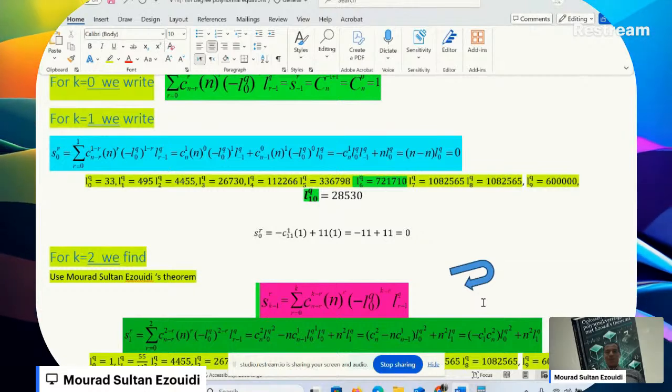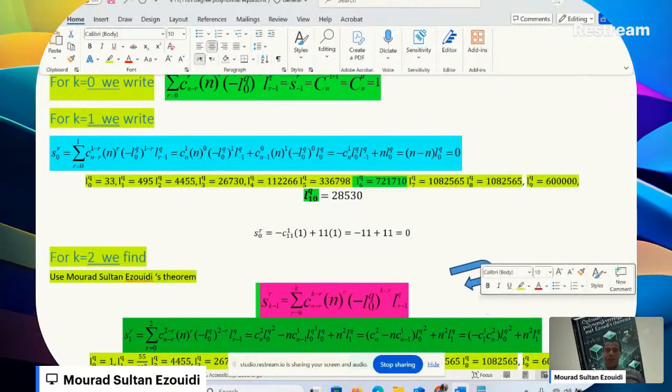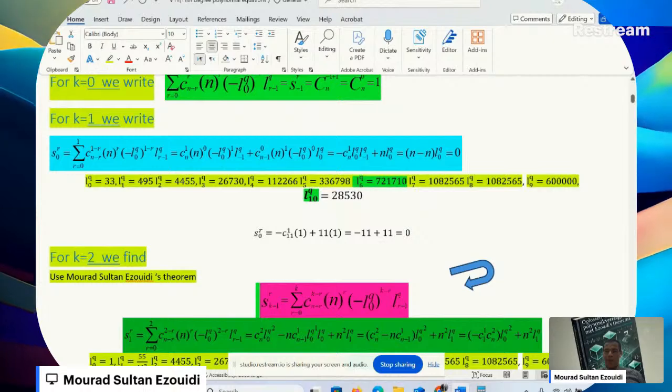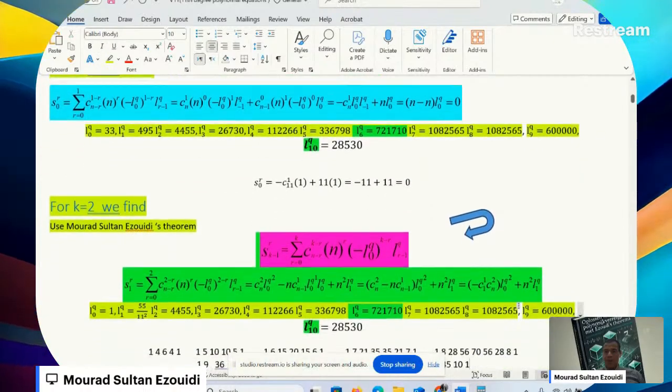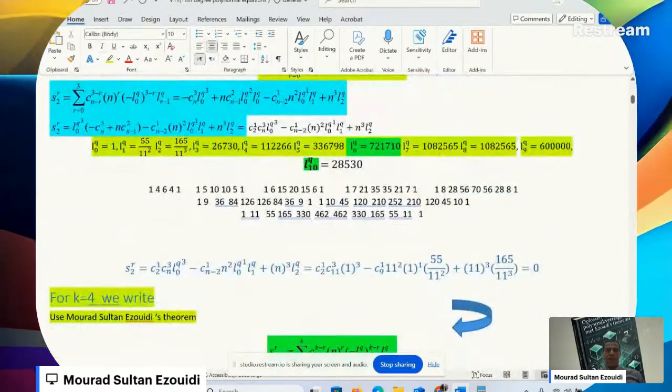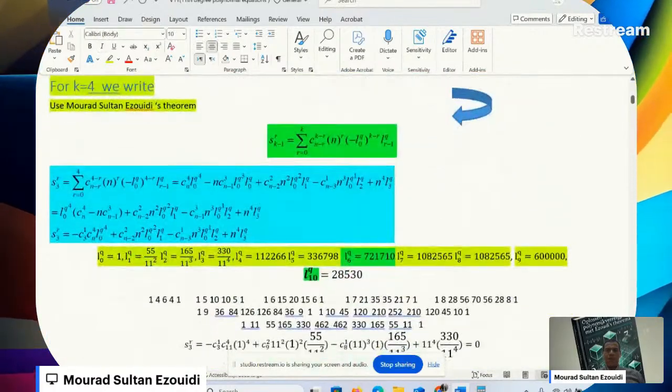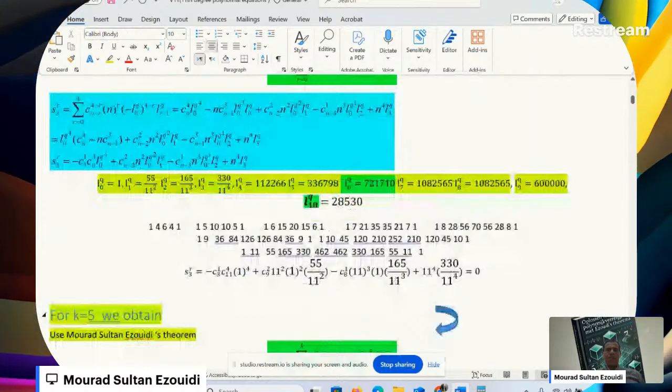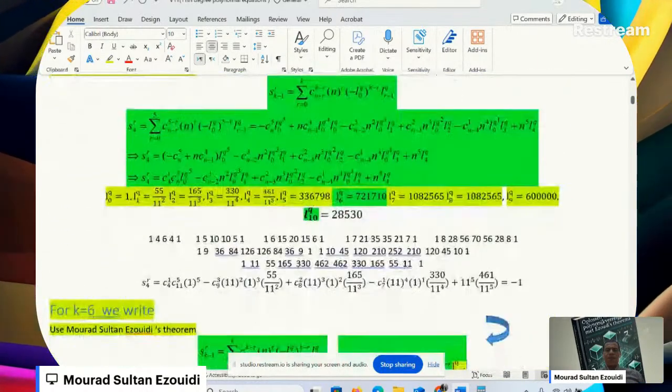Okay, let's see this example first. I will see the example around here. This is it, yes. I prefer to do it.